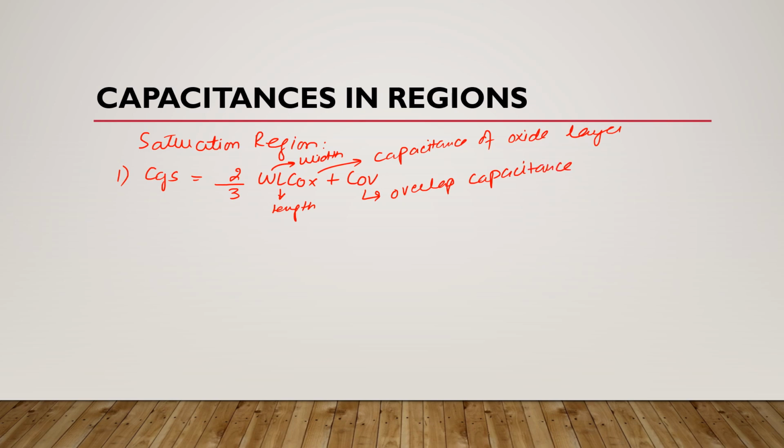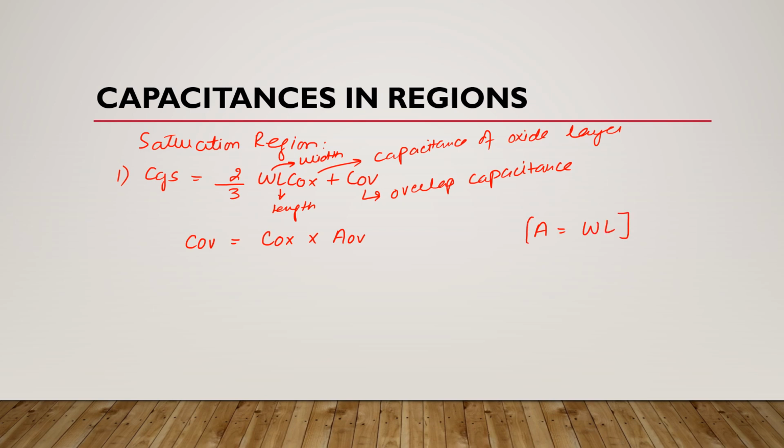This overlap capacitance is due to overlapping of gate on source and drain. This overlap capacitance is equal to capacitance of oxide layer multiplied by area of overlapping. Okay. We know that area is equal to width multiplied by length.